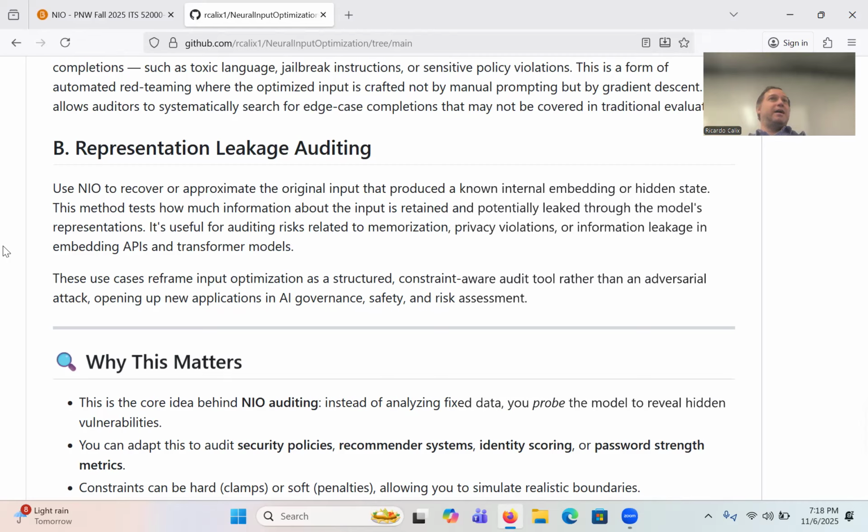They'll never figure it out. Well, as it turns out, now they're trying to do this so that they can figure out where it came from. It's useful for auditing risks related to memorization, privacy violations, or information leakage in embedding APIs and transformer models.